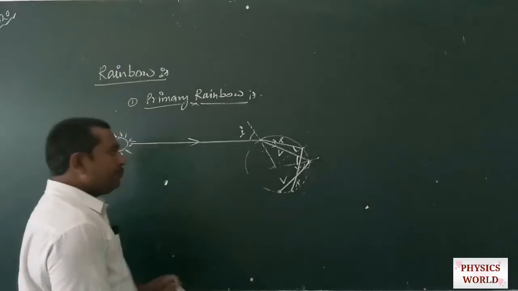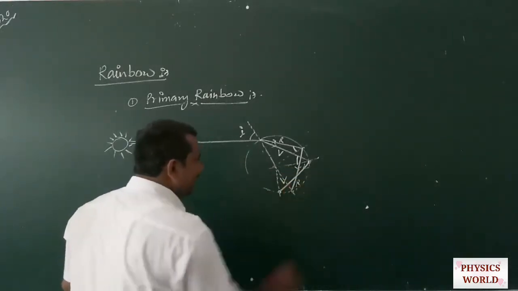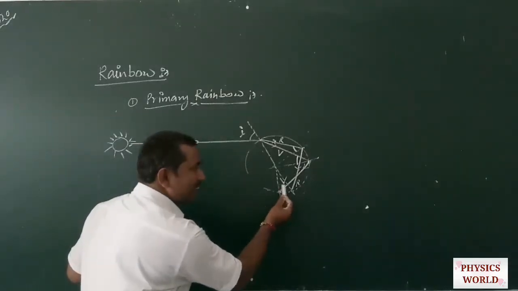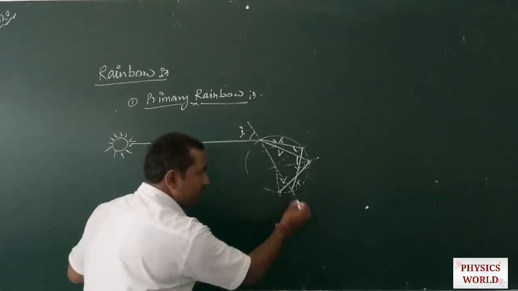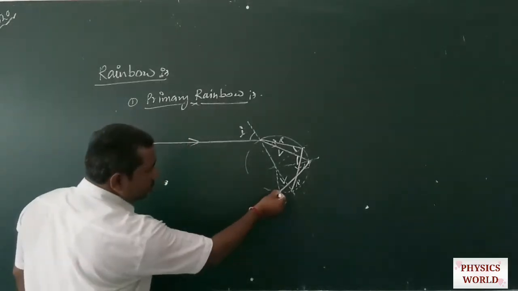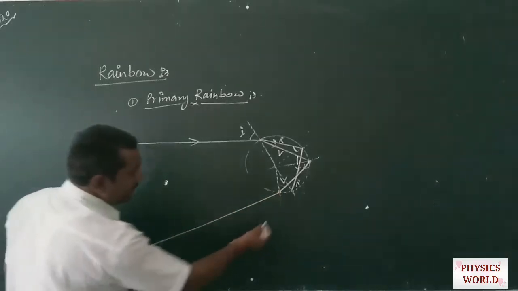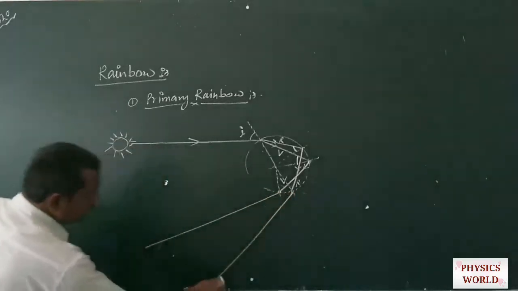So if we draw normals for these 2 points again, and we find that these angles of incidence are smaller than the critical angle, then it must be refracted into the rarer medium. After refraction it goes away from the normal, so it goes like here and also here.